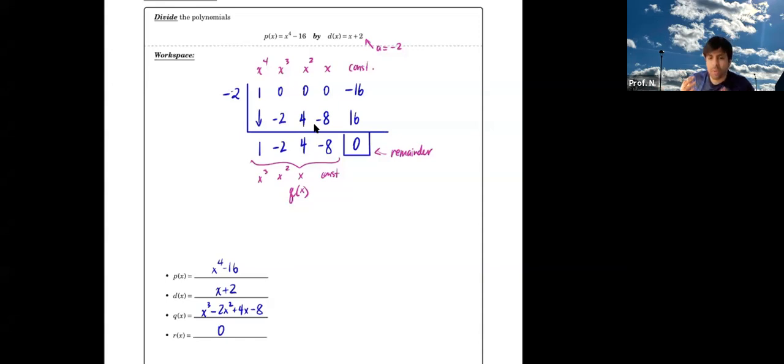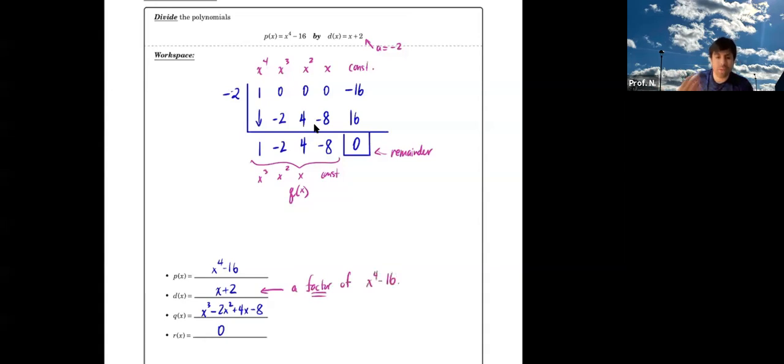And what do we call those numbers who result in remainder zeros? We call them factors. And the same thing happens in polynomial world. We have factors. And so in this case, x plus 2 is not just a divisor, but x plus 2 is actually a factor of x to the 4th minus 16.